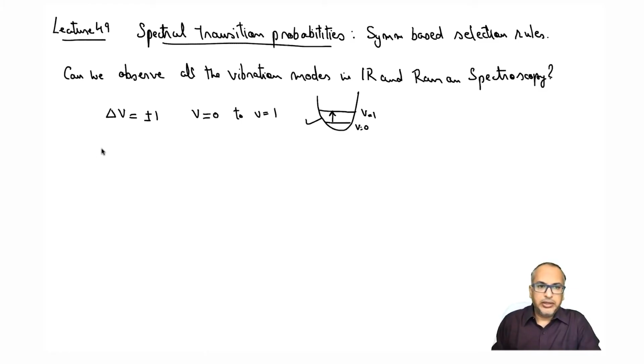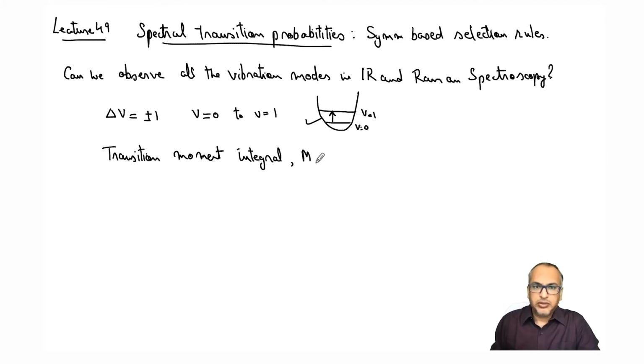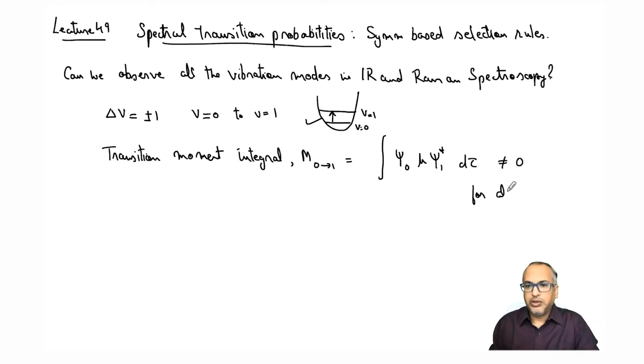Now, if I want to write the transition moment integral for this, we have already seen it, so I'm just repeating this, but we will go into more details. So the transition moment integral, we can write it as M 0 to 1 is given by the integral of psi 0 mu psi 1 star d tau, and this should not be equal to 0 for allowed transitions.